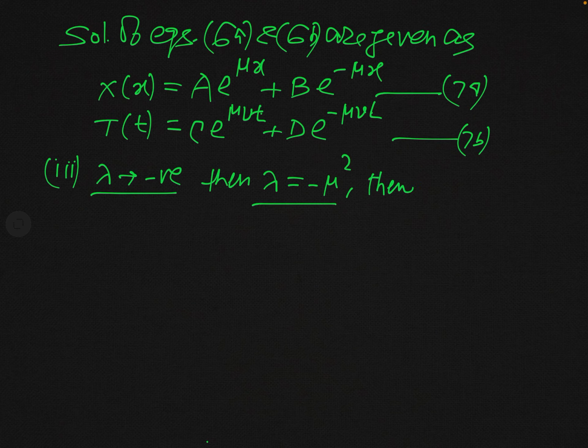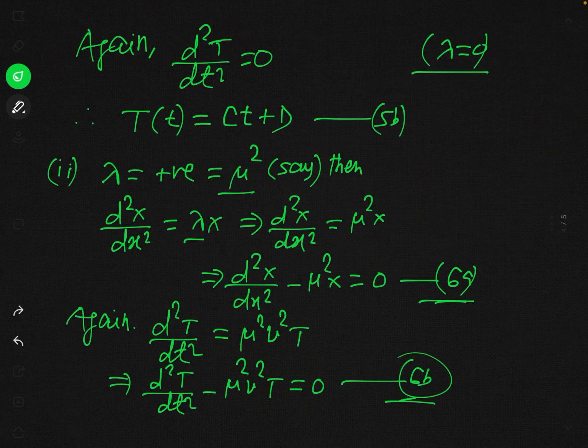You can see that in this condition, the first equation will be d2x over dx square. Only the sign will change. In equation 6 there is minus mu square x, and now it will be plus. And also in equation 6b it will be plus.